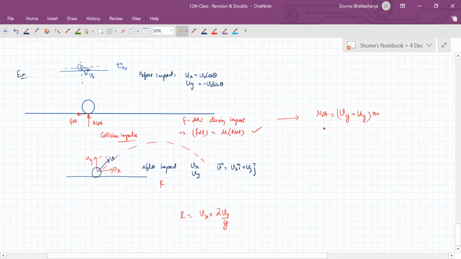So vy is equal to n delta t by m minus v naught sine theta. So we can say that vy is the y component of impulse minus v naught sine theta.